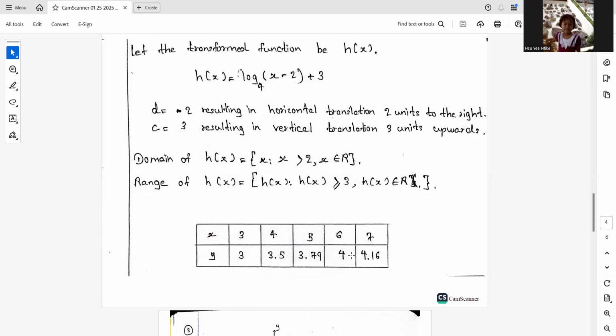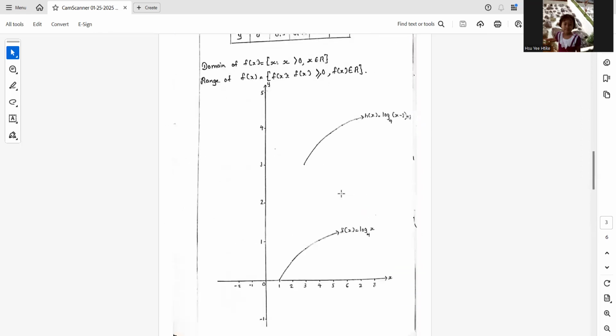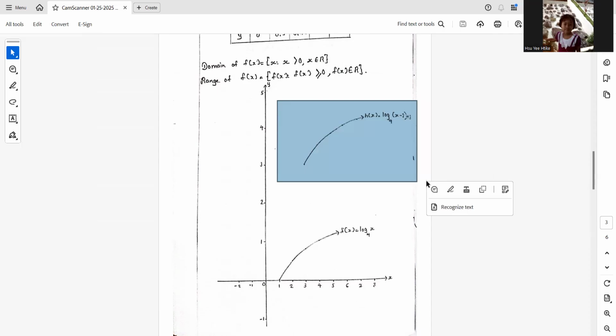Then I took these coordinates and plotted them on the same grid here, and the graph of h of x came out like this. h of x is equal to log base 4 of (x minus 2) plus 3.